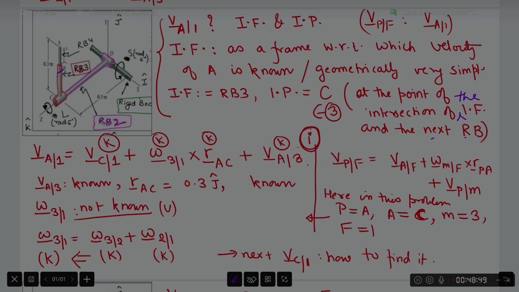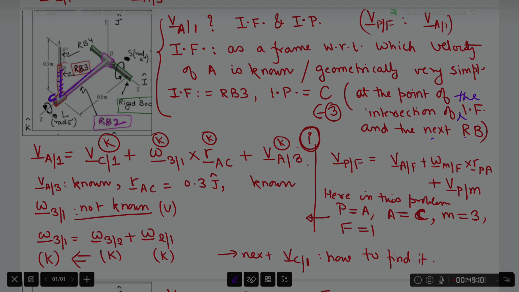So this IF I have already chosen. I am saying it's a good idea to choose IP as a point which is at the intersection of your IF and the next body in context. And that leads me to choose C as my intermediate point.